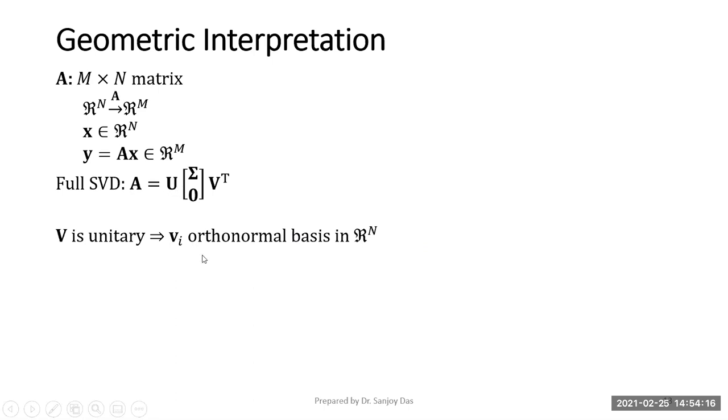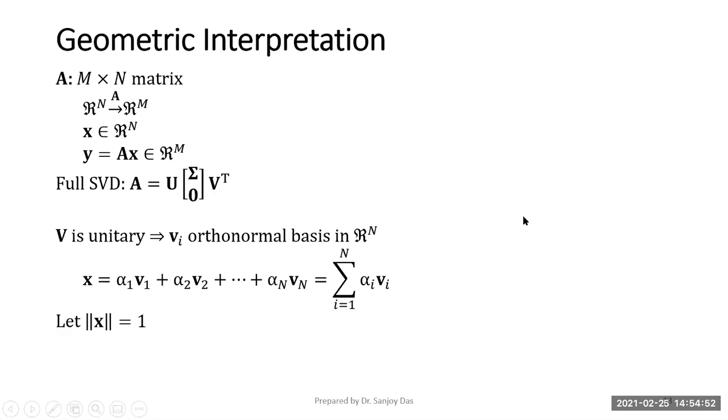Now, we'll turn our attention to U later. Any x can be represented as a linear combination of these coordinates, V1 until Vn, and the coefficients are alpha 1 through alpha n. Therefore, x can be represented in this form: the summation of alpha i Vi.